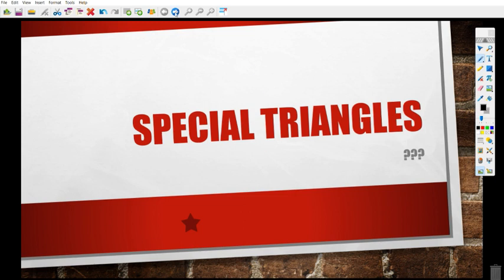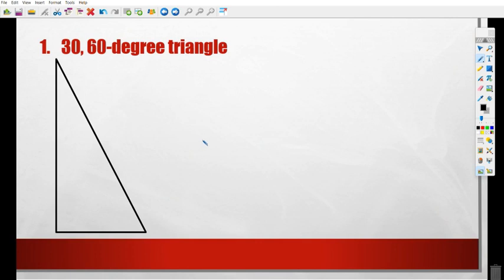Our first thing over here. The first triangle that we're going to be using is the 30-60 degree triangle. This comes from an equilateral triangle. Equilateral triangle means that there's 60, 60, and 60 degrees in each corner.